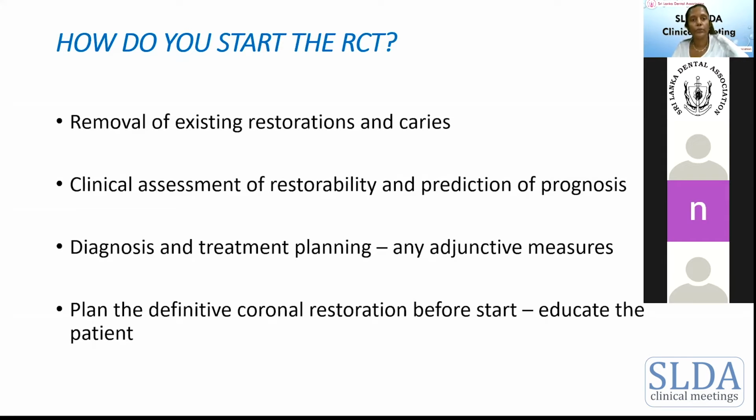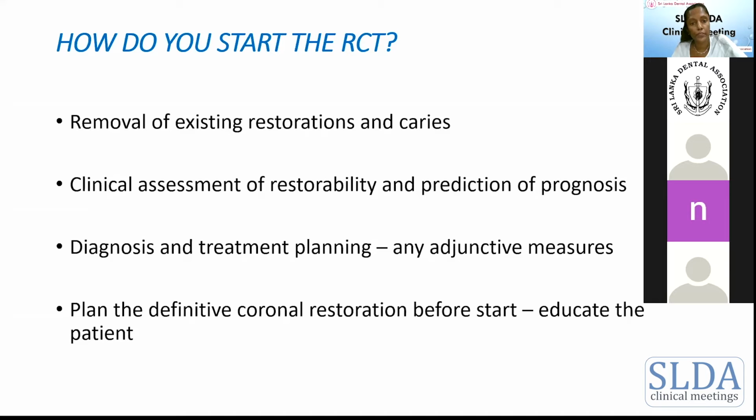So how do you start the root canal treatment? The best way of starting the root canal treatment is with the removal of existing restorations and caries. We do this to assess the restorability of the tooth and predict the prognosis of the tooth being treated, as well as for diagnosis and treatment planning.